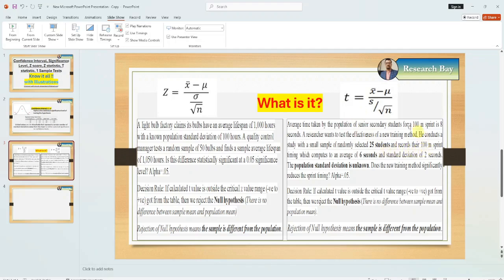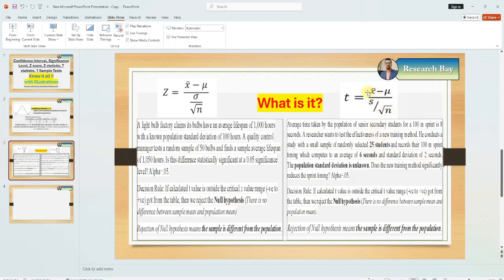So the problem is: the average time taken by the population of senior secondary students for a 100-meter sprint is 8 seconds. A researcher wants to test the effectiveness of a new training method. He conducts a study with a small sample of randomly selected 25 students and records their 100-meter sprint timing, which computes to an average of 6 seconds and a standard deviation of 2 seconds. Now, in this case, we have the sample standard deviation, which is this S. We have the sample size 25.